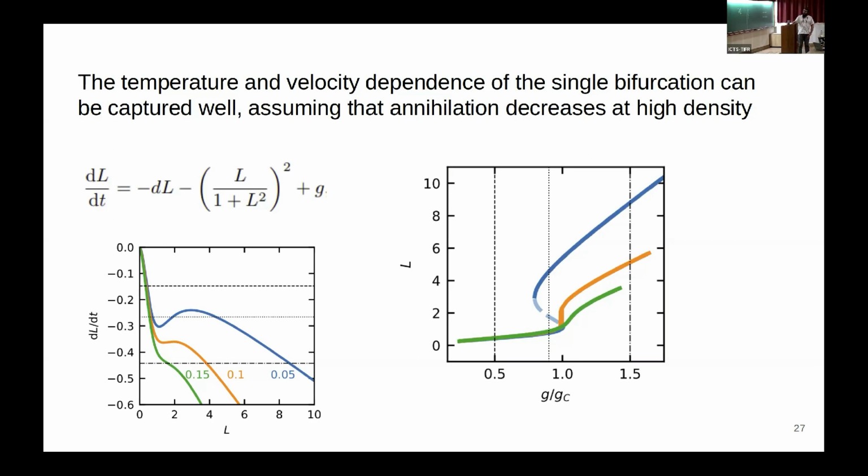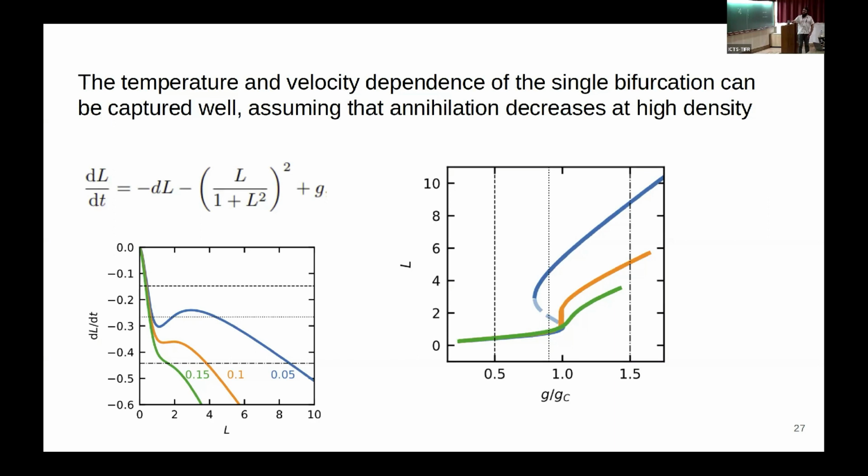This dynamical system is plotted here for various values of this parameter d. So a small parameter d will develop this minimum here at a maximum, and a large d will be just monotonic. And as we increase g, we look for stable fixed points, which are plotted here for the same three curves.